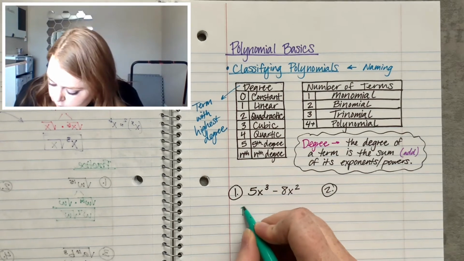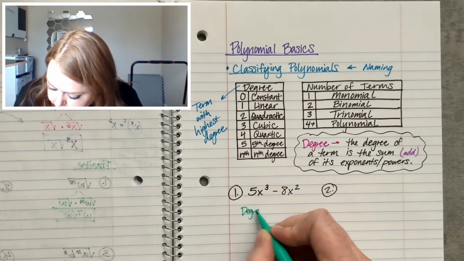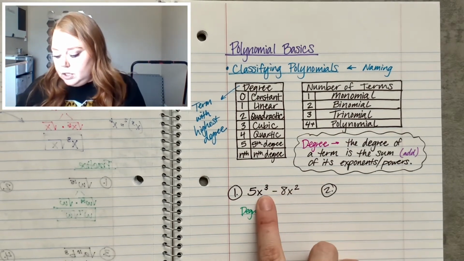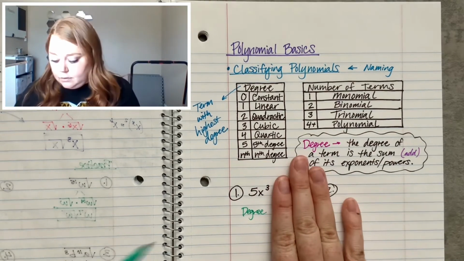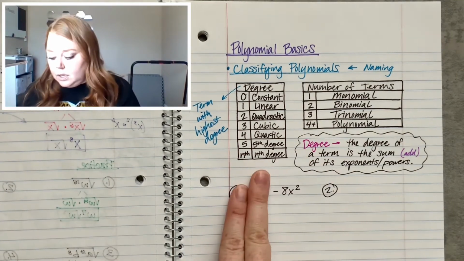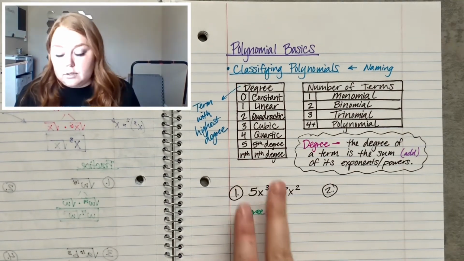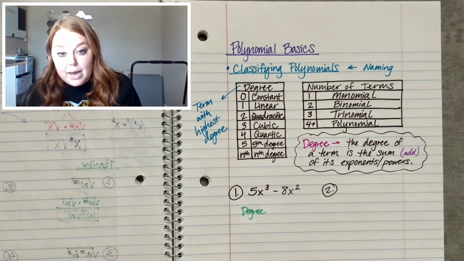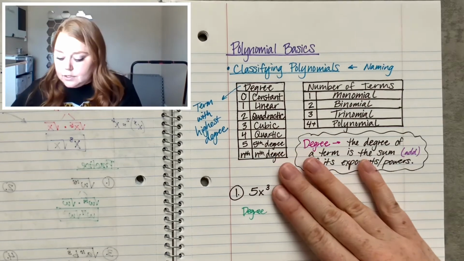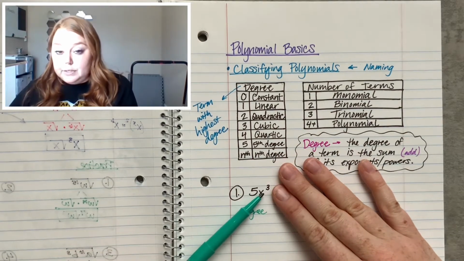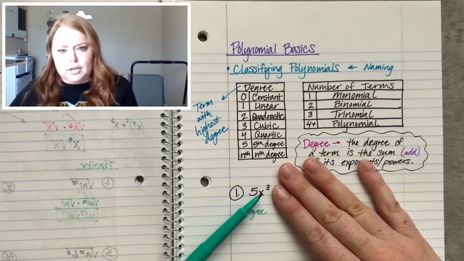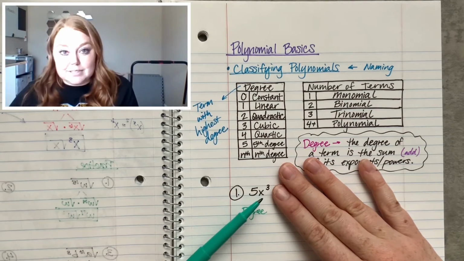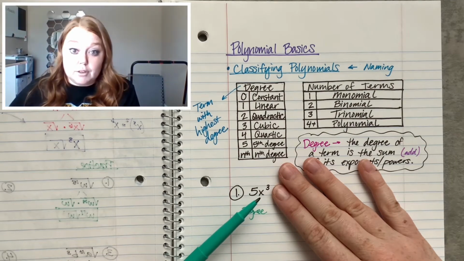So let's make some notes to ourselves. Degree. So for the degree, you look at the term, and there's 2 terms here, by the way. 5x cubed is a term, negative 8x squared is a term, okay? But you look at the term that has the highest power, the highest exponent. This first term has a degree of 3 because its power is cubed, 3.